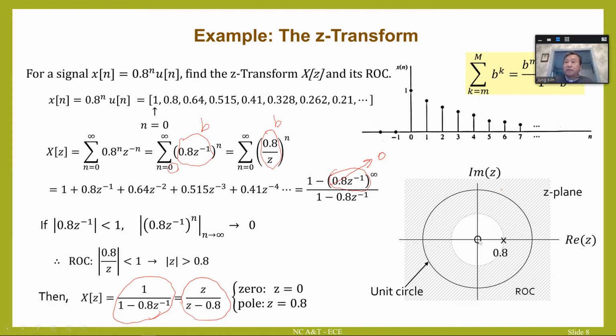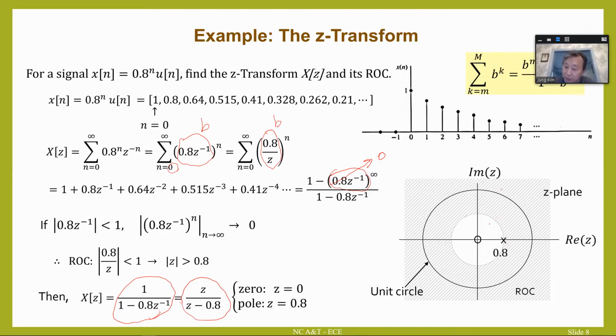The magnitude of z is from the origin to the distance 0.8, and this represents the circle. So magnitude greater than means the exterior of the circle of 0.8, and the circle of 0.8 cannot be included in the region of convergence because the pole is located here. So normally in the G transform it is the exterior.